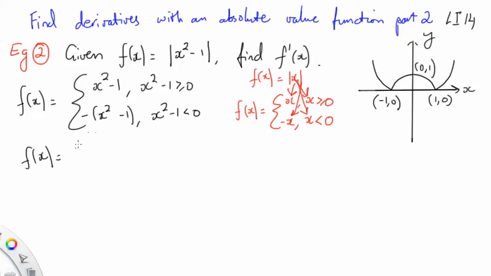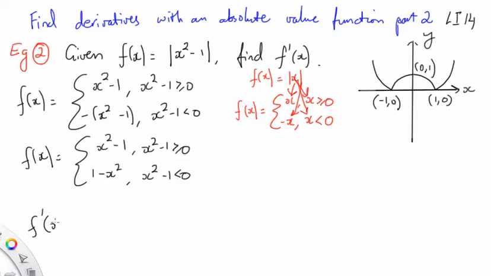Can you see how I've taken the argument of the absolute value function and subbed it into the piecewise function? Let's tidy it up a bit. So you get x squared minus 1 if x squared minus 1 is greater than or equal to 0, or 1 minus x squared, here I'm just expanding the brackets, if x squared minus 1 is less than 0. Well, that's good because we can find the derivative now.